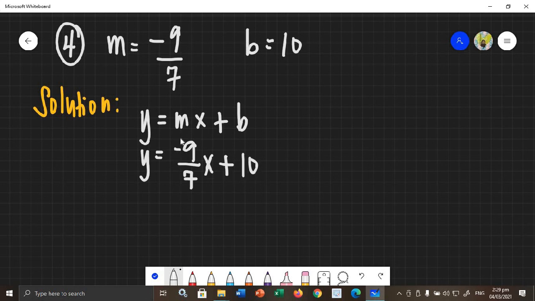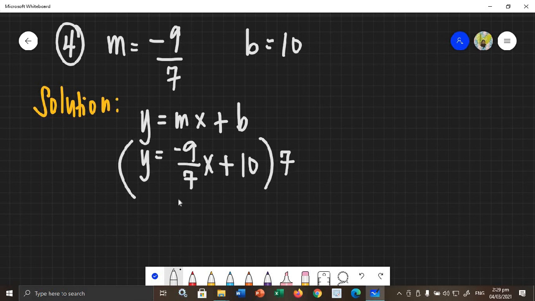And then, we have a slope that is in fraction form. It shouldn't be like that. So, kailangan natin i-cancel out yung denominator niya by multiplying the whole equation sa value ng denominator niya. So, para ma-cancel out yung denominator, i-multiply natin sa value ng denominator, which is 7.